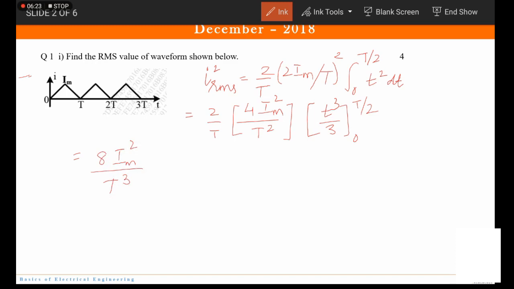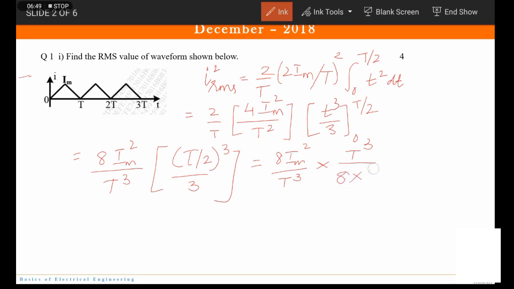Now we will put in the value. We need not solve it for 0 because it is going to be 0 anyway. So we put T by 2 in place of t, that cubed, divided by 3. So what do we get here? 8 Im square upon T cube multiplied by, here it becomes T cube upon 8, and 3 was already there.